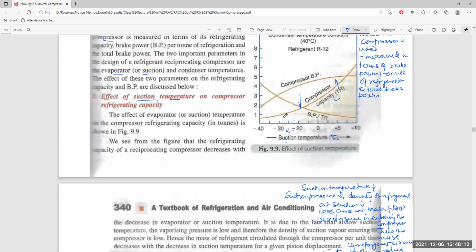This is the compressor brake power here. With the increase in suction temperature, it is slowly going down, like an arrow.